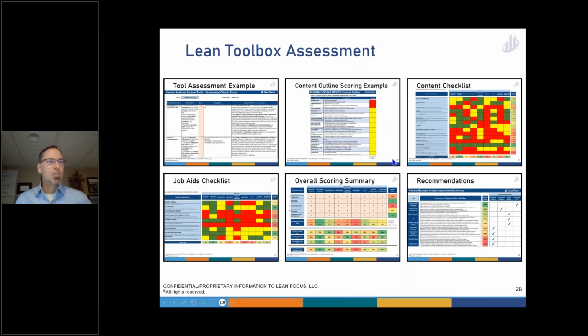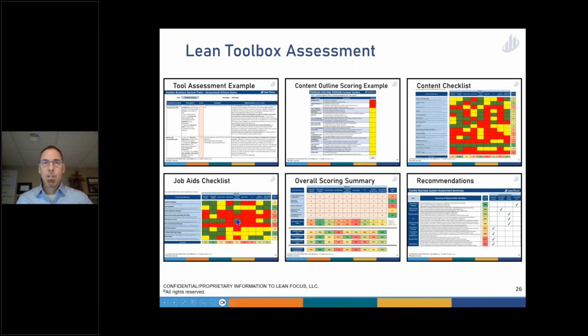And then in addition to that, we have a couple checklists, a content checklist, and this applies across any of the materials. It gets into things like the purpose. Is it well stated? Are there facilitator notes included? Is there agenda, objectives, examples, those kind of things? And we look across all of the different systems and whether that is included.